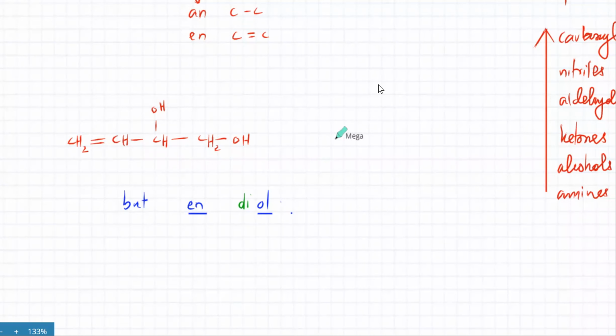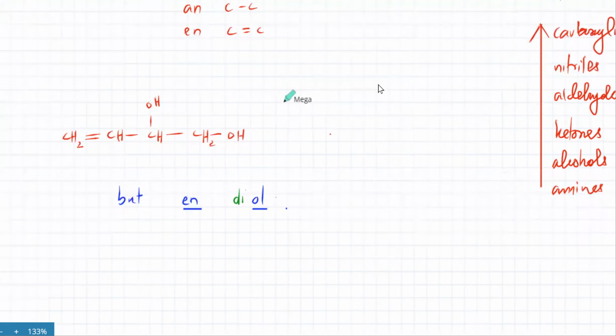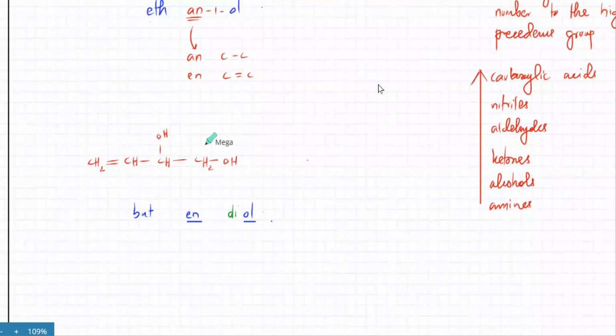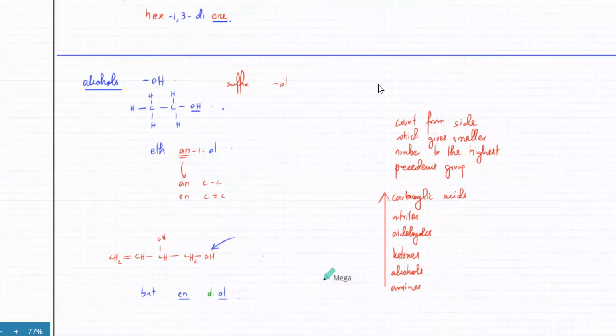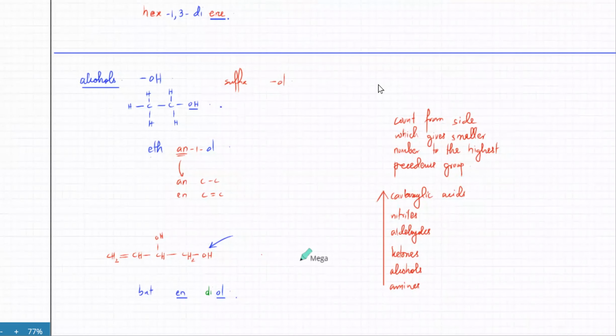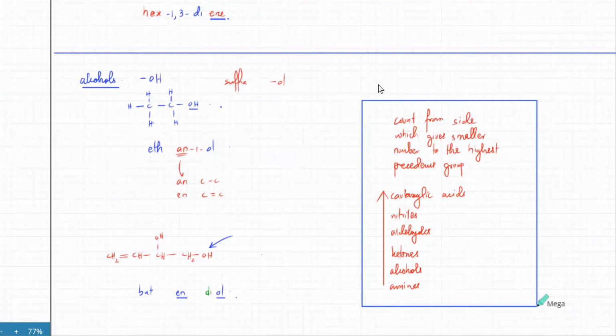The double bond only takes precedence if all the other things are missing. So in this case, the highest precedence group is the alcohol. It's the OH group. Is that point clear? Yes, sir. Okay, so that's this rule, and let me highlight it: you're going to count from the side that gives the smaller number to the highest precedence group.